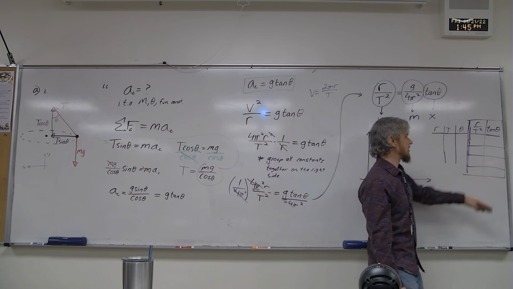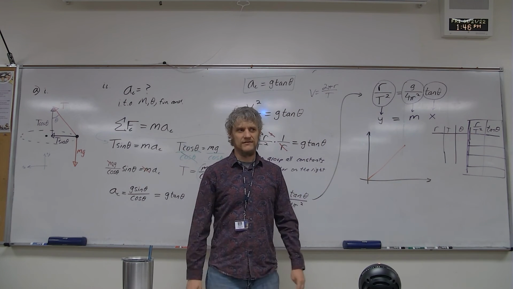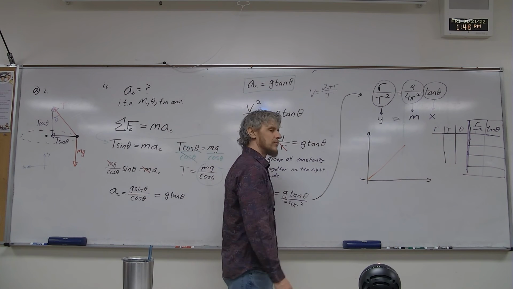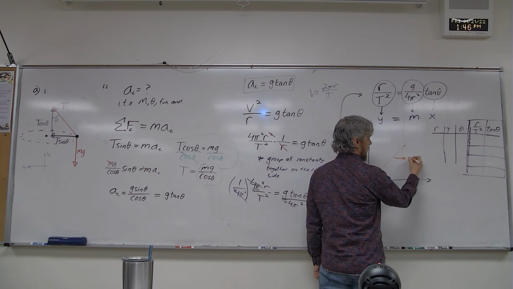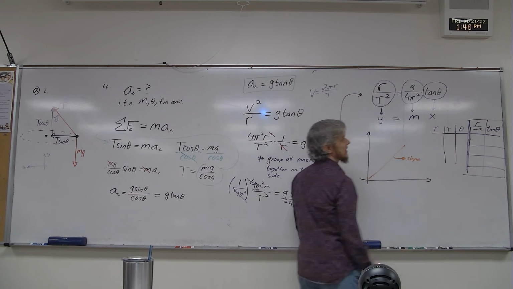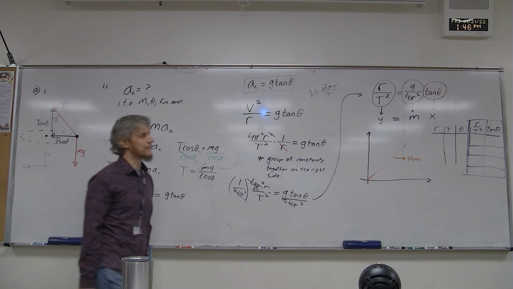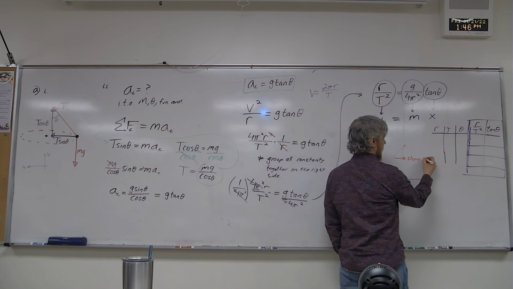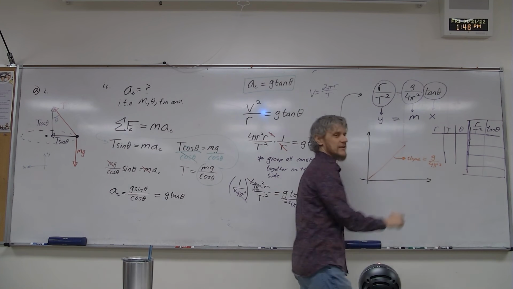And I fill in that table, I plot those, and I get a straight line, whose slope is equal to what? The g. Not equal to g, not as I've done it now. g over 4 pi squared. So how do I determine g here?